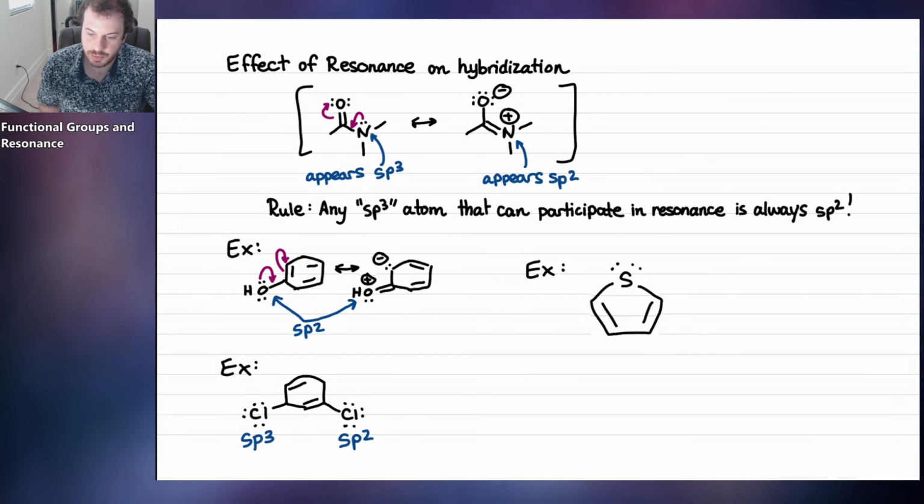Okay. If you look at the hybridization of this sulfur, you might think it's sp3 because you've got 1 sigma bond, 2 sigma bonds, plus 2 lone pairs, which is a steric number of 4, which is sp3. However, it can participate in resonance. We have a lone pair next to pi.